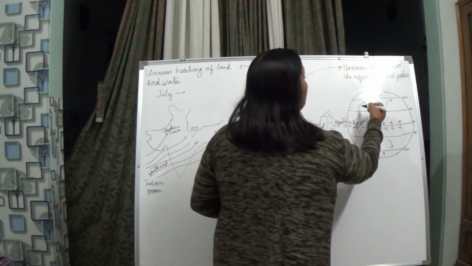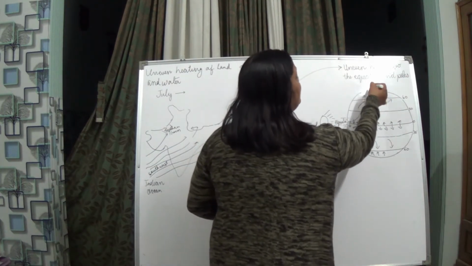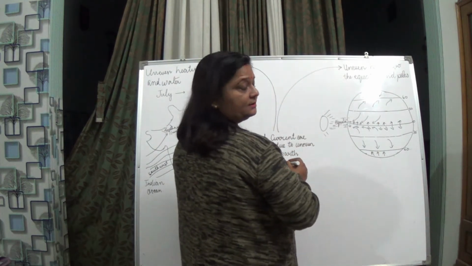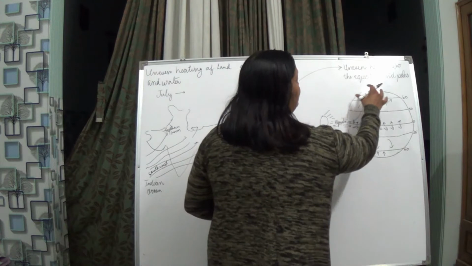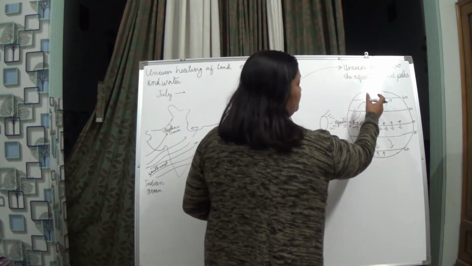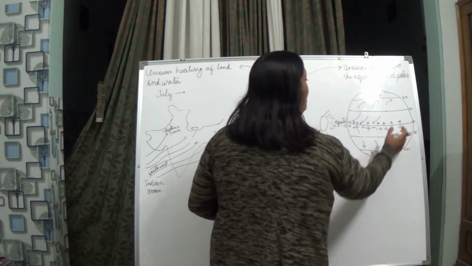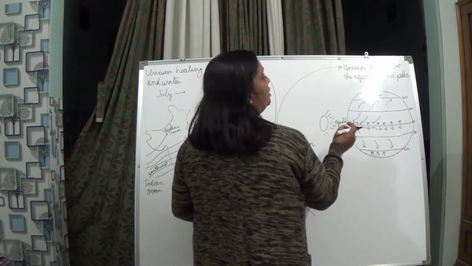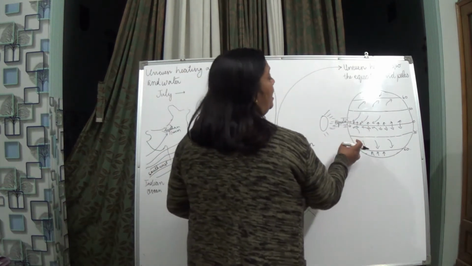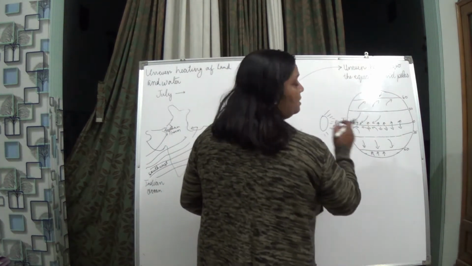So here the air again moves up, and as it moves up, the air at the poles rushes towards 60 degrees. When it rushes towards 60 degrees, wind currents are generated here also. This is how, because of the uneven heating between the equator and poles, we see different wind currents throughout the world.